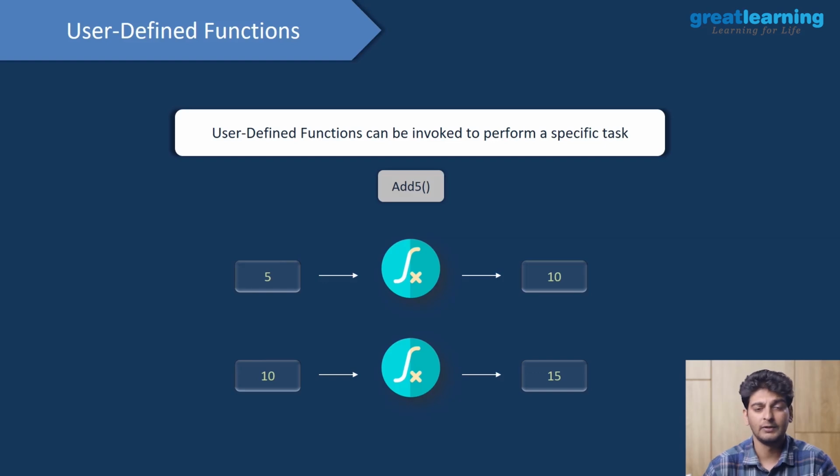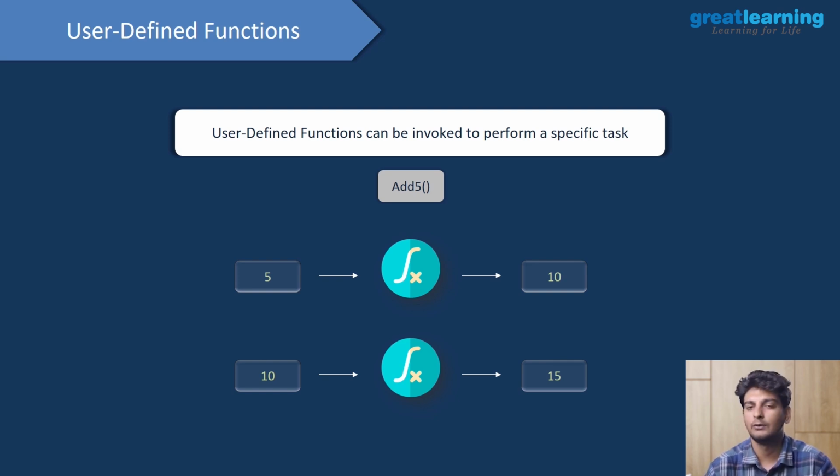Now let's head on to the user-defined functions. Simply put, user-defined functions can be invoked to perform a specific task. That task could be anything. So let's say you want to create a calculator. Now to create a calculator, you want to create individual modules. So you want one module which is used for addition, one module for subtraction, one module for multiplication, and so on.